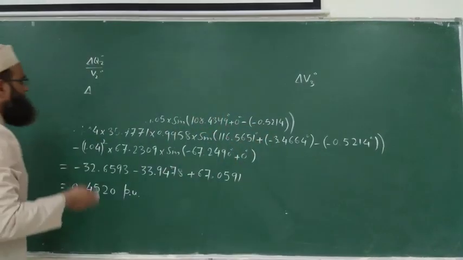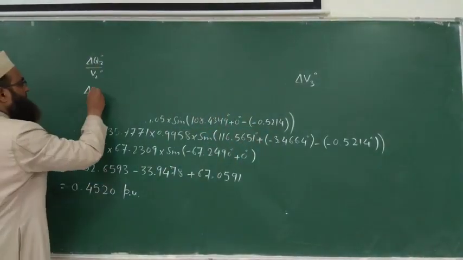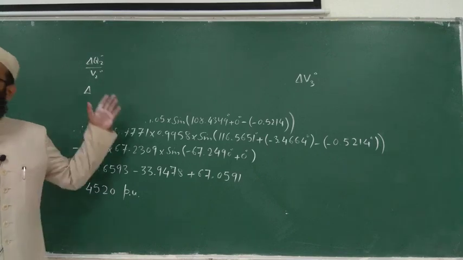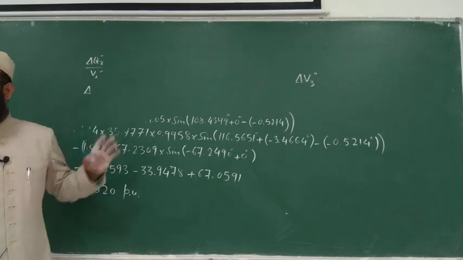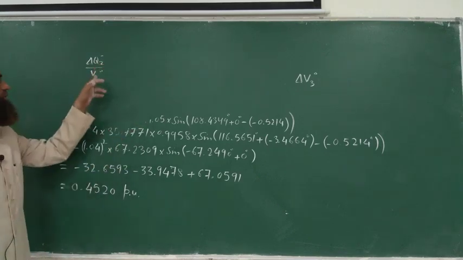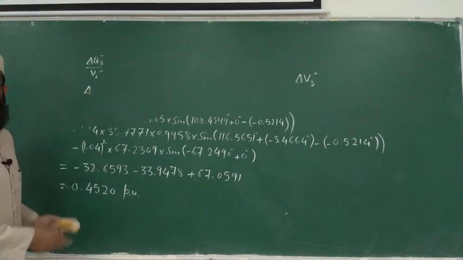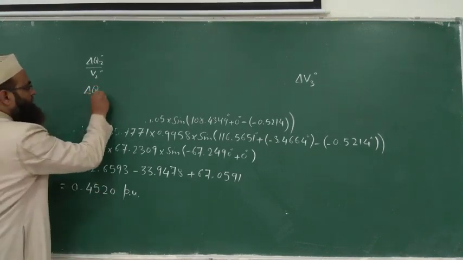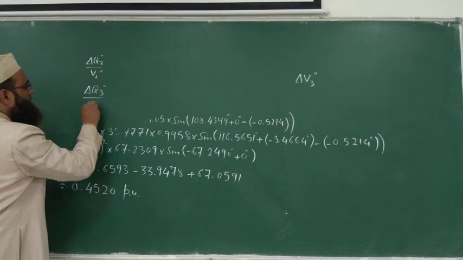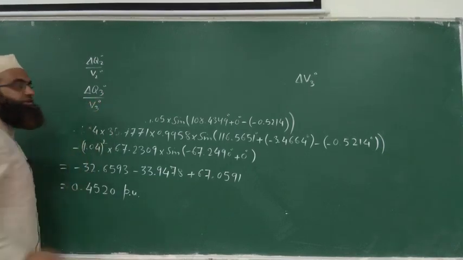So how will you treat this third bus as PQ bus? Just like you have treated original PQ bus. So for original PQ bus you have written del Q2 0 upon V2 0. So for this bus also you will write del Q3 0 upon, right here now V3 0.